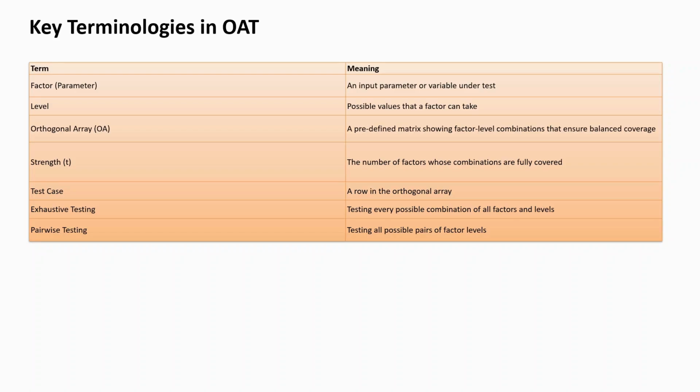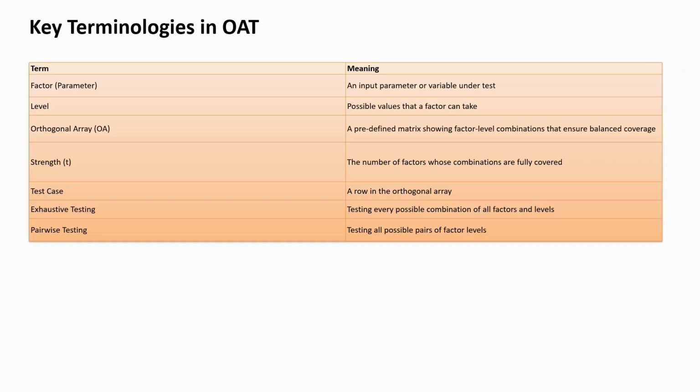That means if you take two parameters, browser and OS, and browser has values Chrome, Firefox and Edge, whereas OS has Windows, Mac OS and Android, then the combination of Chrome with Windows, Firefox with Mac and Edge with Android, all these combinations are covered.